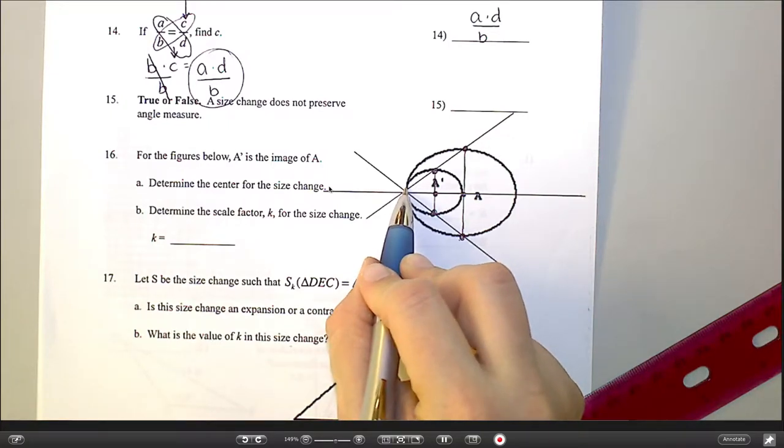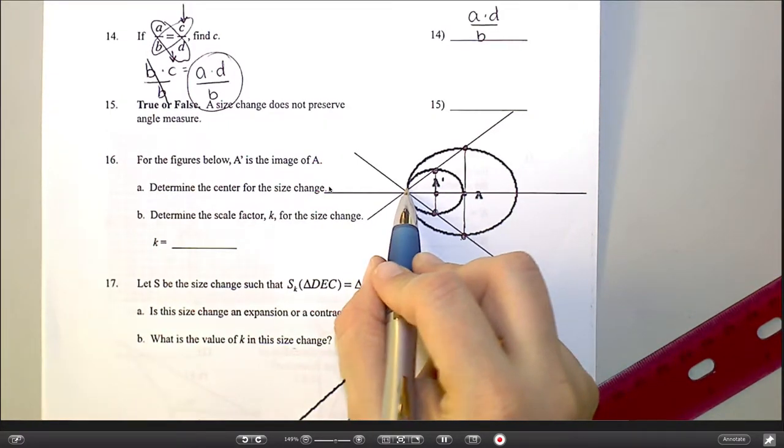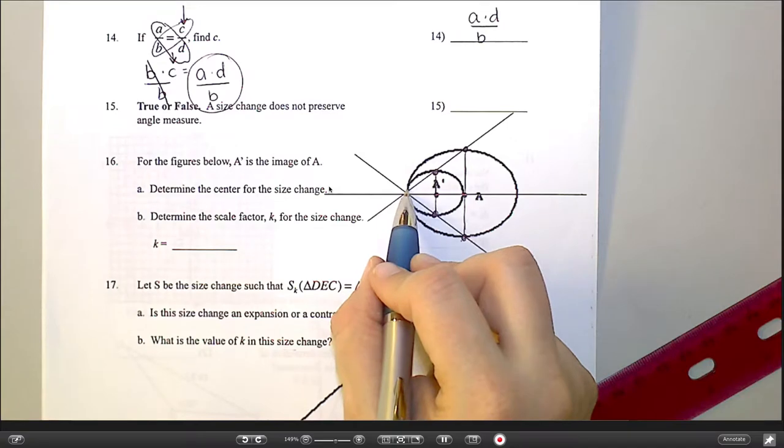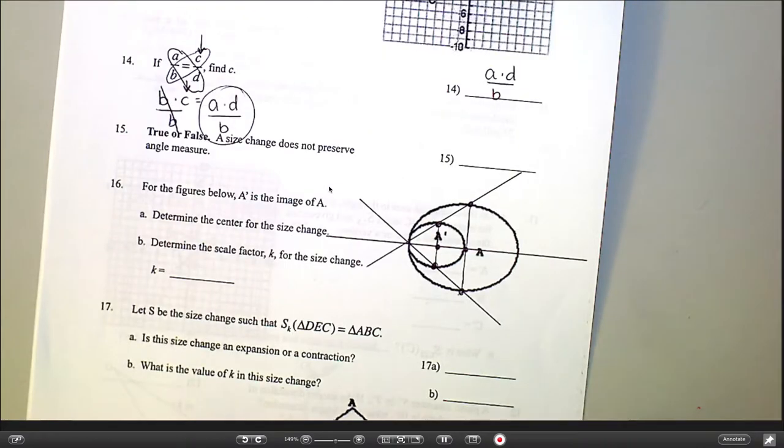In the original picture before I drew my lines, what was special about that point? That's where the two circles touched, right? Anytime you have a size change where they share a point, where it shrunk into like one corner of the figure or something like that.